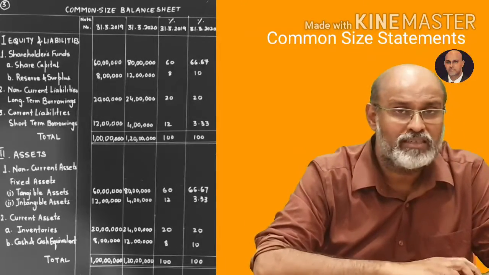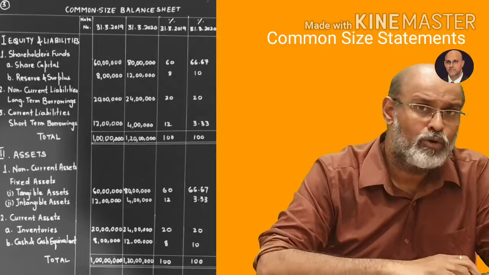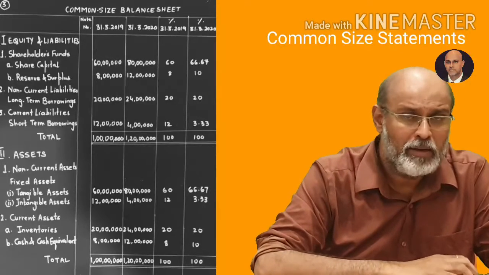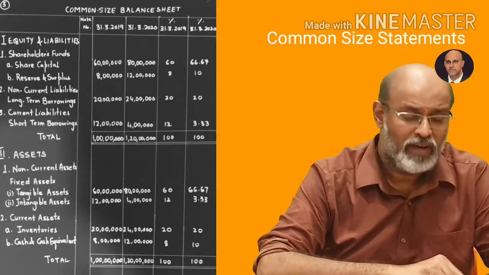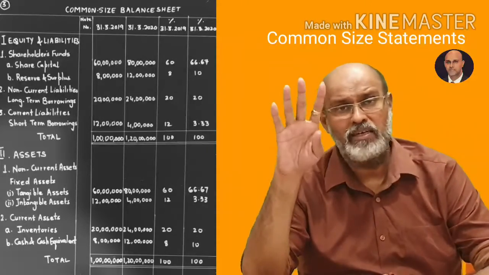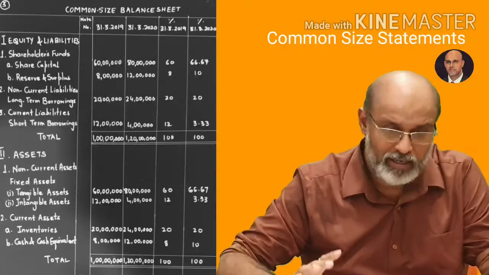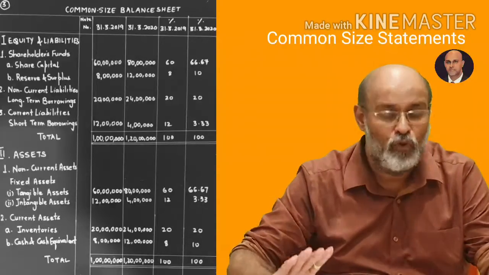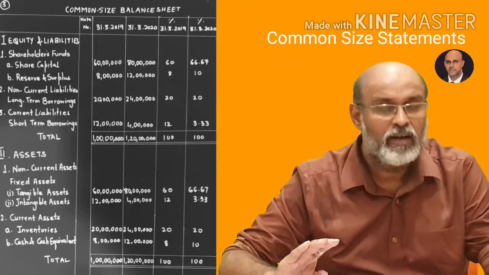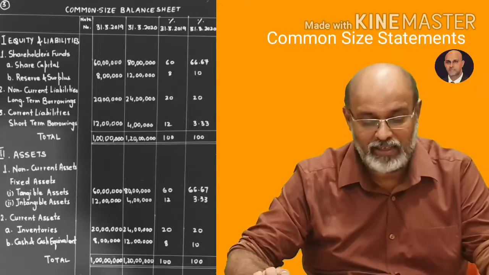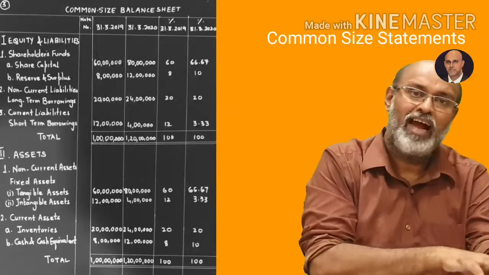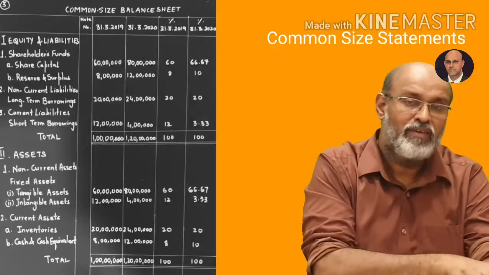Then 24 lakhs divided by 1 crore 20 lakhs multiplied by 100, that will give you 20%. And finally, your current liabilities is 4 lakhs. So it is 4 lakhs divided by 1 crore 20 lakhs multiplied by 100. That is 3.33%. So that finishes off with your equity and liabilities.